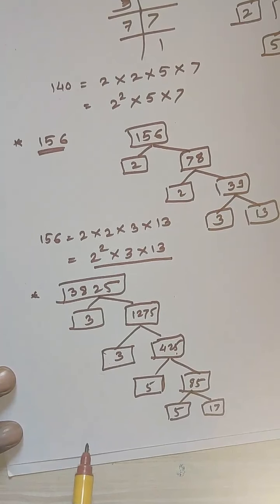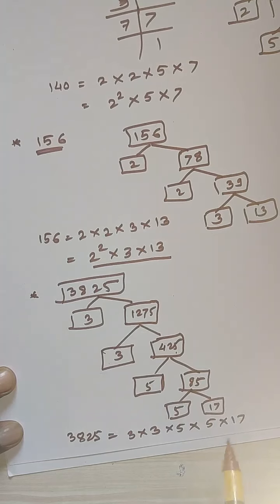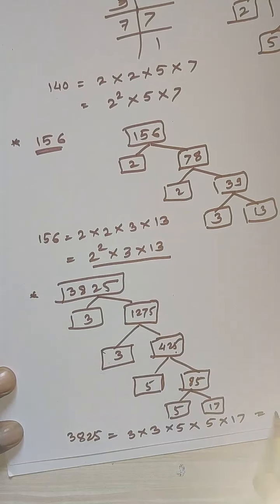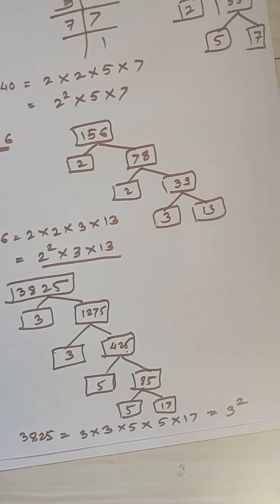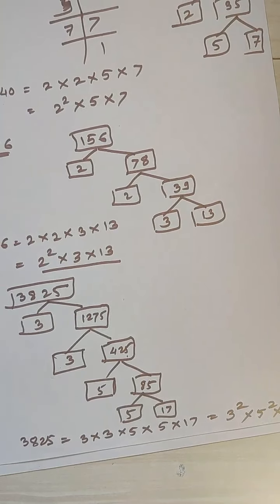So you can write this 3825 as 3 into 3 into 5 into 5 into 17, and you can write this as 3 square into 5 square into 17. Okay. So like this we can find the prime factors of the given number.